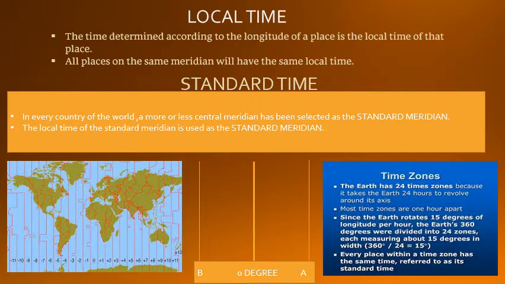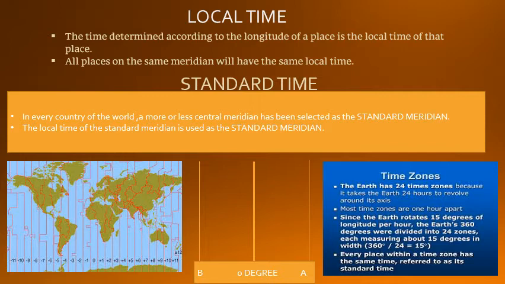You can see in this picture in between. Just imagine there are two places, A and B. B is located on the western side of the prime meridian at 60 degrees west, and A is located on the eastern side of the prime meridian at 60 degrees east.